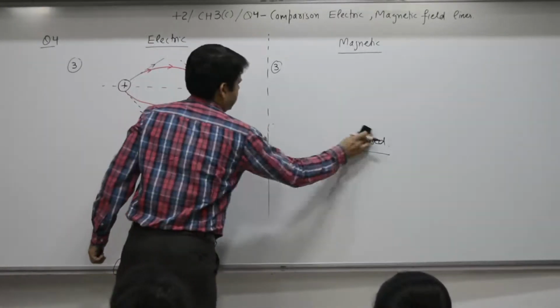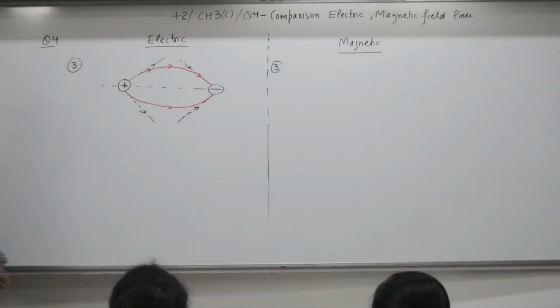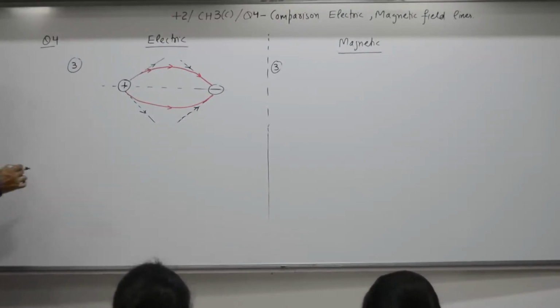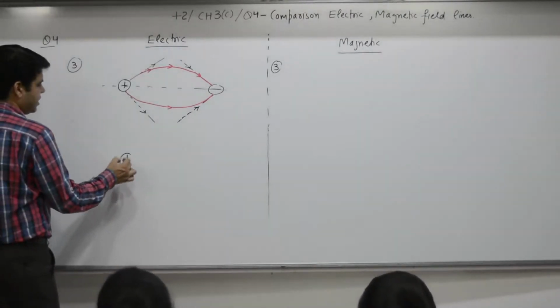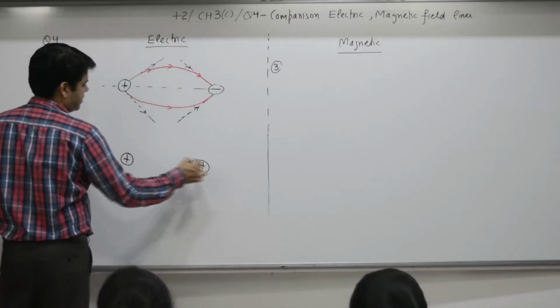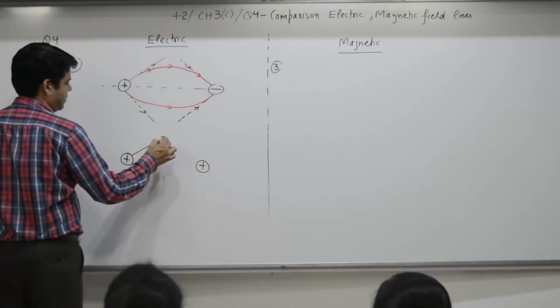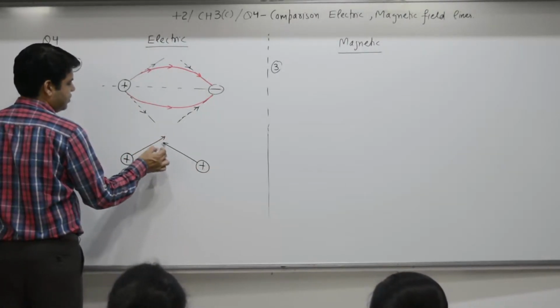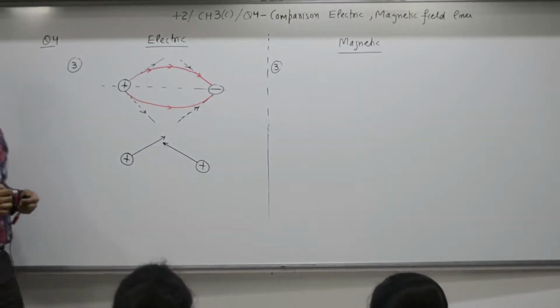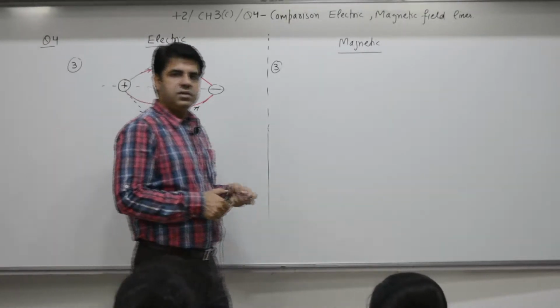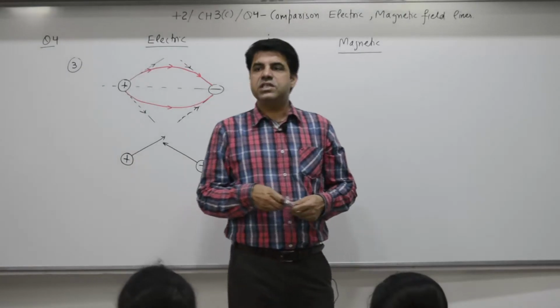They contract longitudinally and dilate laterally. Means what? If you have a positive charge, another positive charge, line is coming out of this, another line coming out of this. Do you think the two will cross? No. The two won't cross each other.